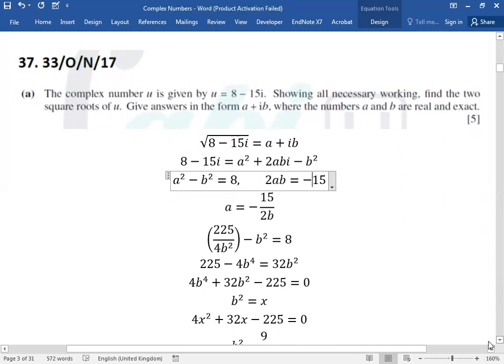You could have also converted the entire thing into a polar form and then found the under root. Even that is another way.